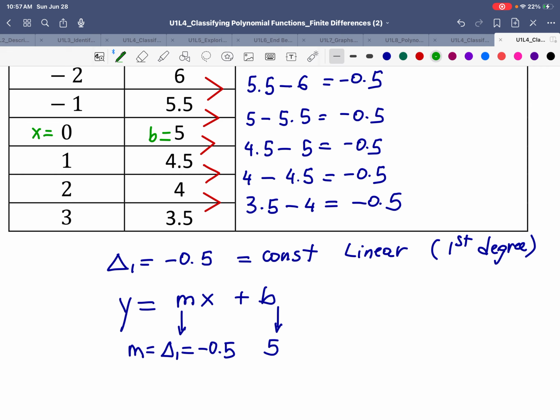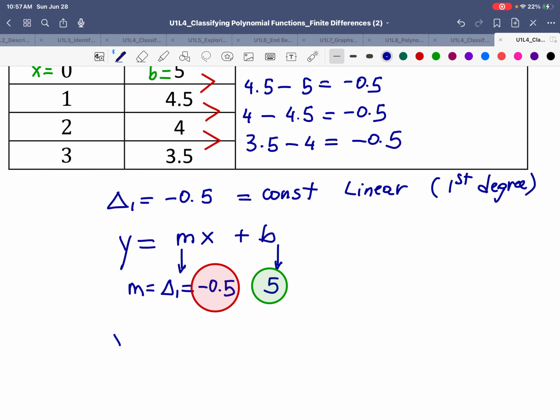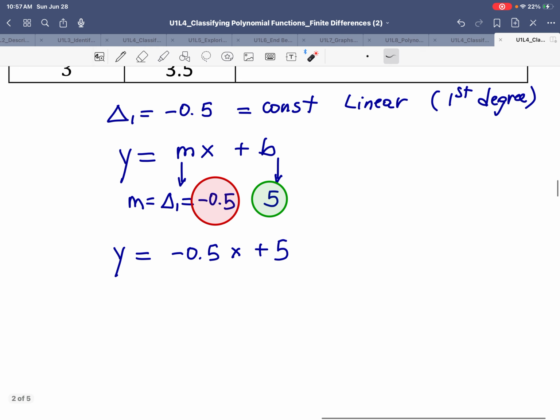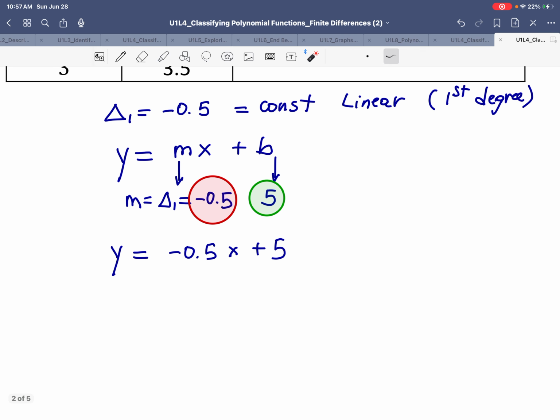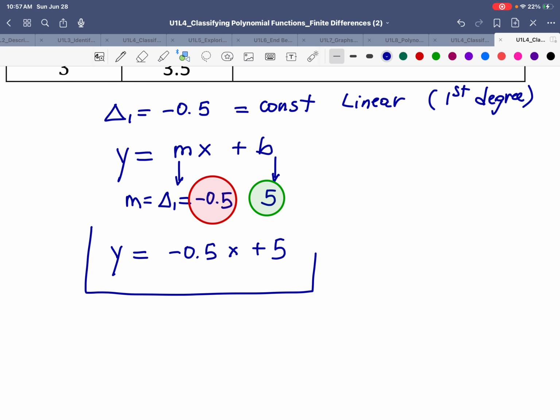So we're going to say that with a y-intercept of 5 and a slope of negative 0.5, we're ready to write the equation. And the equation will be in the form negative 0.5x plus 5. Don't forget this x, people tend to, because that won't give you the correct equation, obviously. It will make a constant right side, which is incorrect.